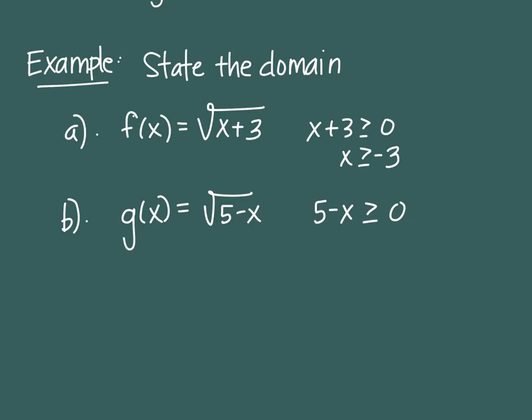Daniel. So what do I do to both sides? Add x. Ooh, add x or subtract. I'm going to stick with subtracting 5. That's what I heard first. Okay, subtract 5, then what? Divide by negative 1, which means what do I have to remember? All right, and there's my rule for my domain. My domain is x less than or equal to 5.